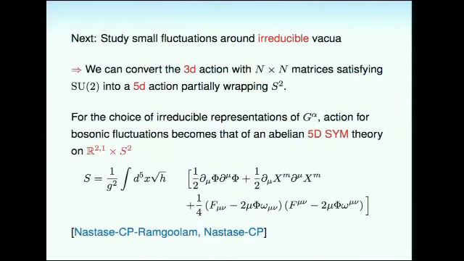Okay, so the next thing to do after we've identified the vacua is to look at what the dynamics of the theory looks like around these vacua. So one studies small fluctuations around these vacua, and let me, for concreteness, choose the reducible vacua of the theory.